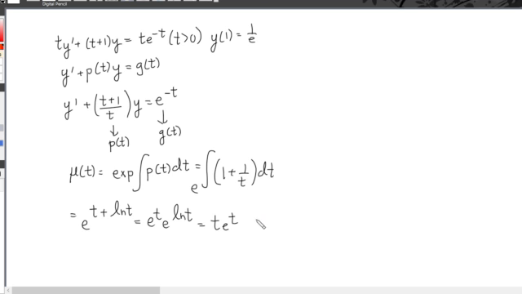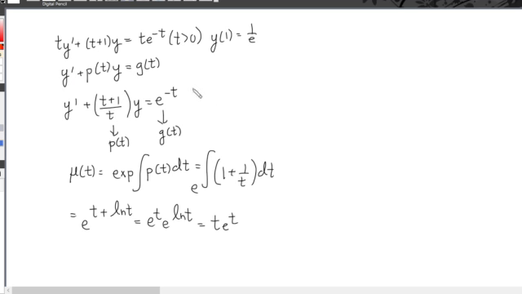Then we multiply it into the whole original equation, actually into this equation because this is the proper form.